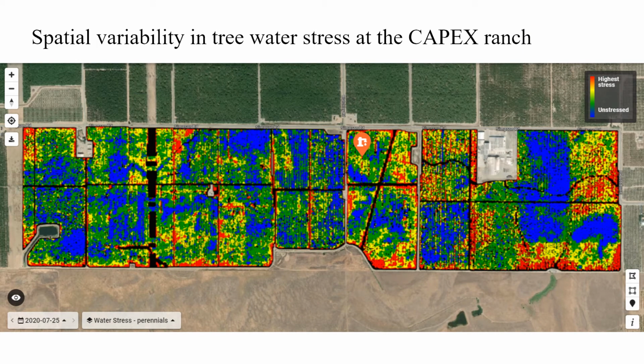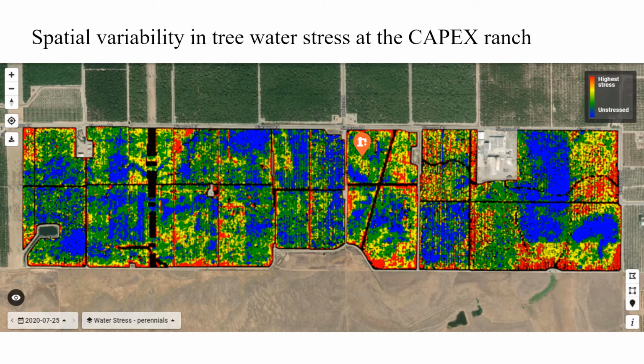If we look at water stress, the colors you're looking at range from red, which is the highest water stress, and blue, which is unstressed. And these stress levels are derived from a thermal image that is taken by an airplane. You notice that some of the variability is just due to the fact that some of the blocks were just irrigated before the flight, like this blue area here.